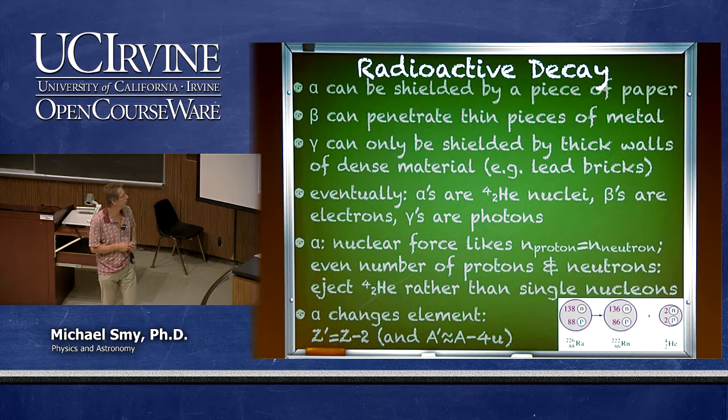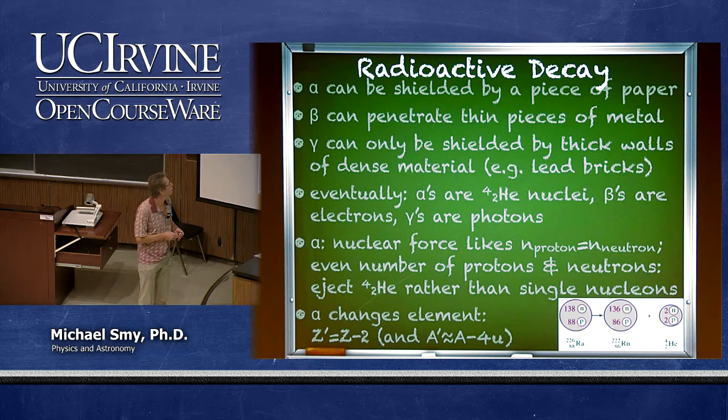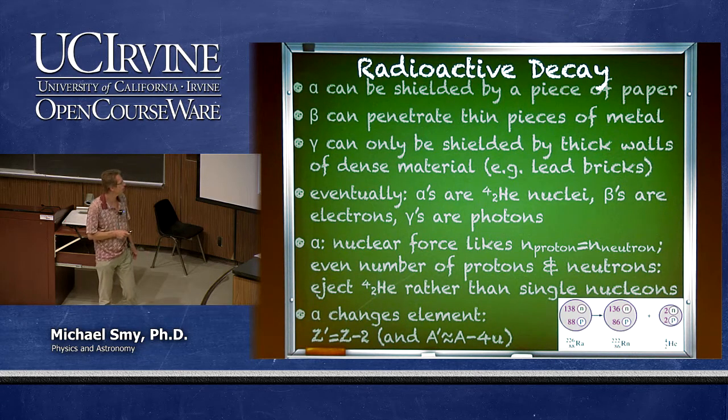So therefore, if one ejects nucleons, then a helium-4 fragment is favored because it has an equal number of protons and neutrons, and it has an even number of protons and an even number of neutrons. And that is why it is more strongly bound than other nuclei, and therefore when you eject nucleons, it is favored over other fragments. So therefore, since alpha radiation consists of those nuclei, it changes the element, it changes the charge of the nucleus by 2 units, and it changes the mass number by about 4 units.